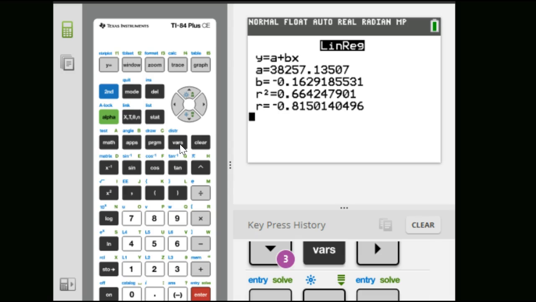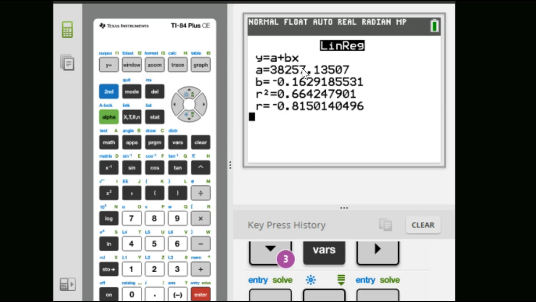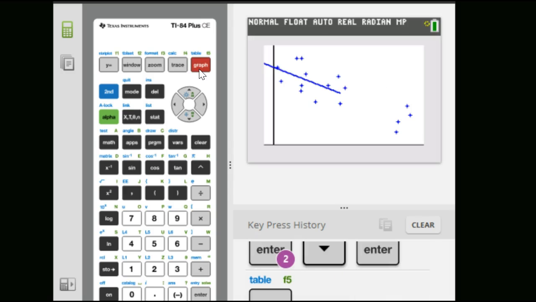It's got a pretty solid negative correlation. The slope is about 16 cents per mile driven, so the cars on average are dropping 16 cents per mile driven. Now I stored that in Y1, so I should be able to graph it. There's the linear regression in the scatter plot.